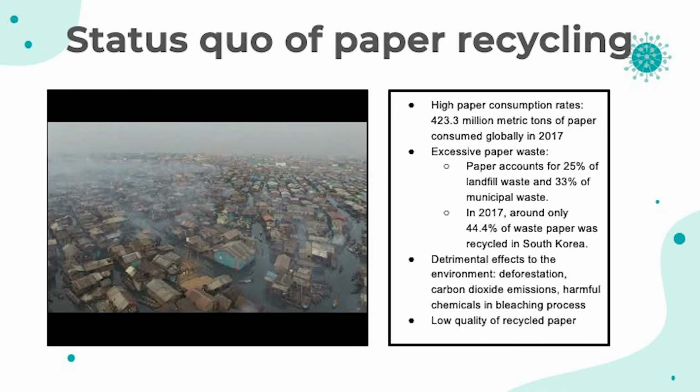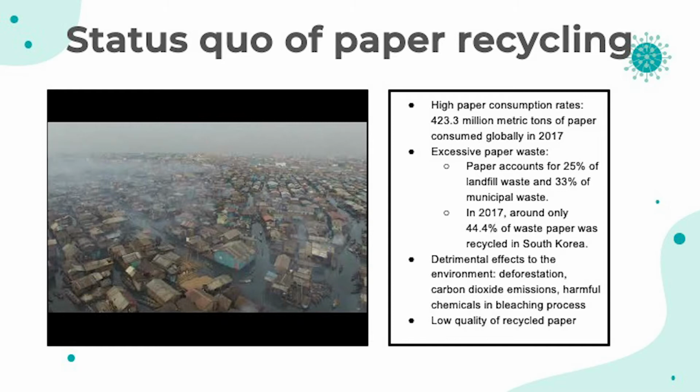There are three things that we need to focus on, which are excessive paper waste, detrimental effects to the environment, and the low quality of recycled paper. In terms of paper usage around the world, with some 423.3 million metric tons of paper consumed globally in 2017, the world's paper consumption is roughly equal to the amount of paper produced annually. So this first shows that paper usage and consumption rates are very high.